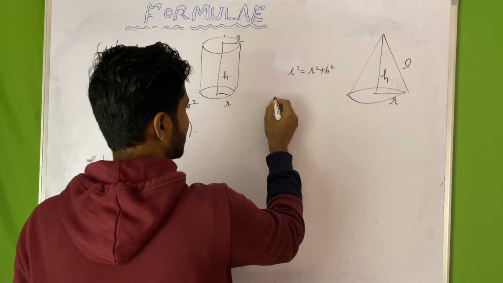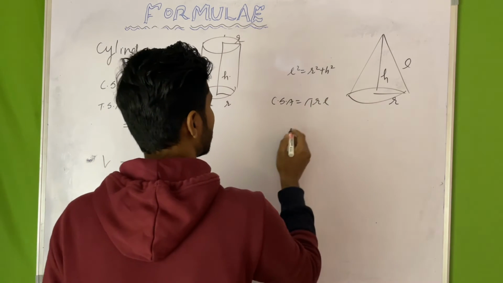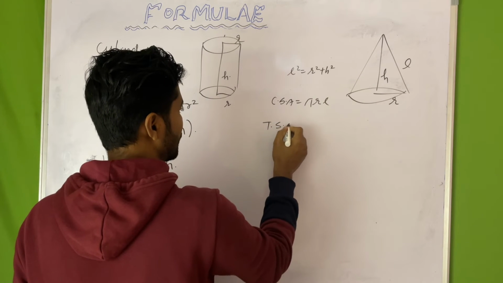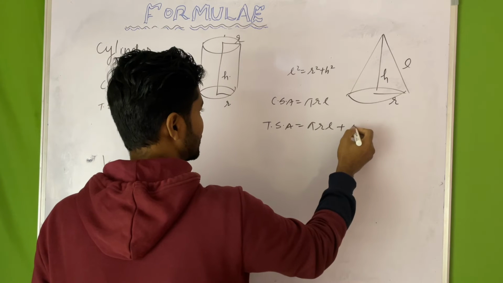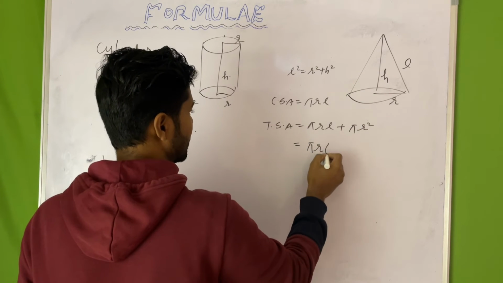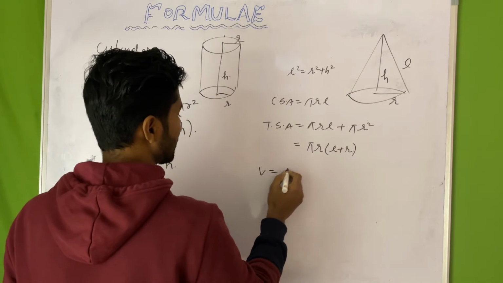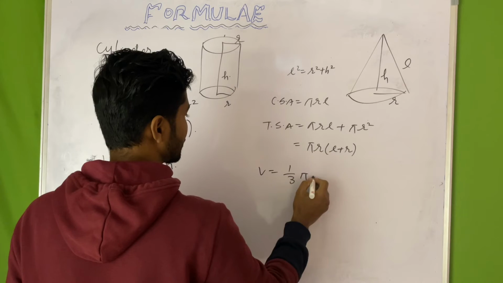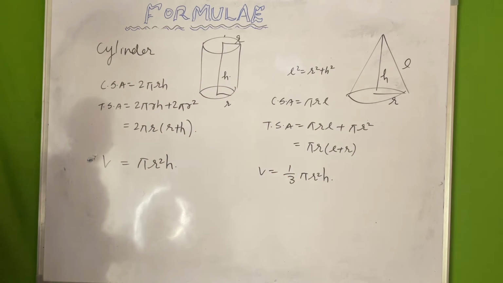And curved surface area of cone is pi r L. Total surface area of cone is curved surface area pi r L plus base area, that is pi r square. So if you solve this, you will get pi r (L plus r). And volume is 1 by 3 of pi r square h. This is cone.